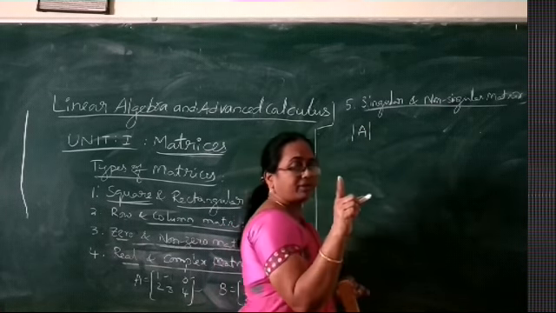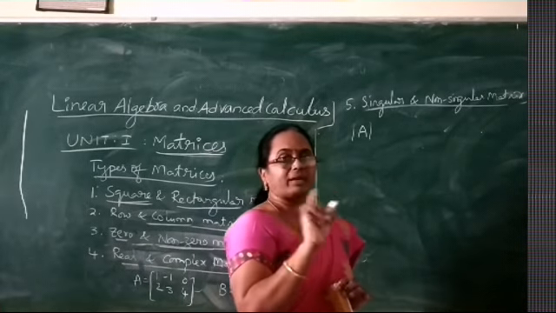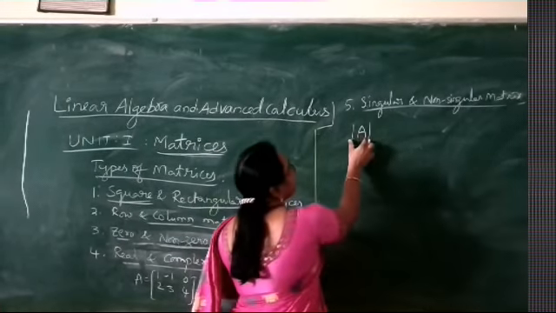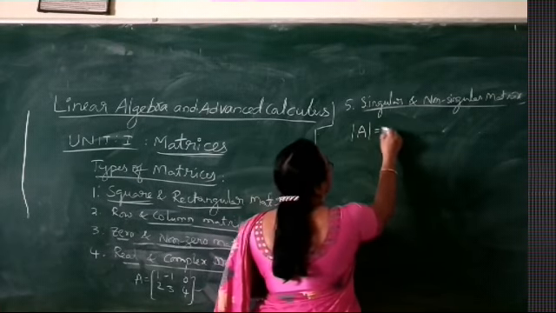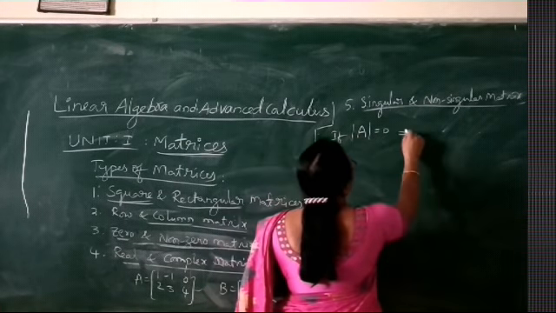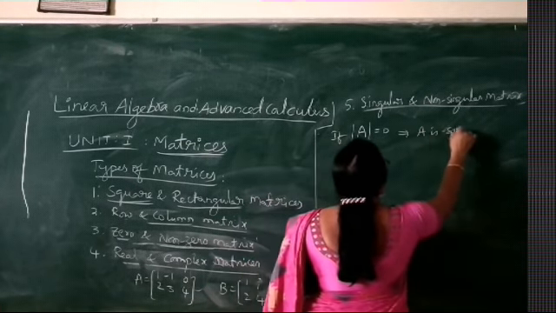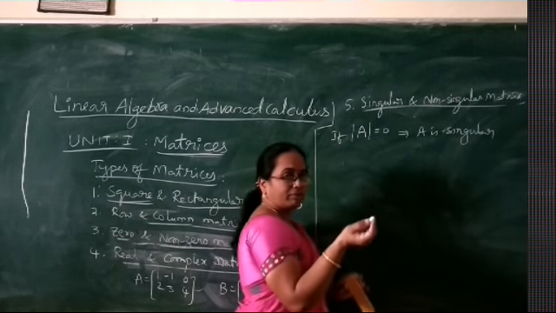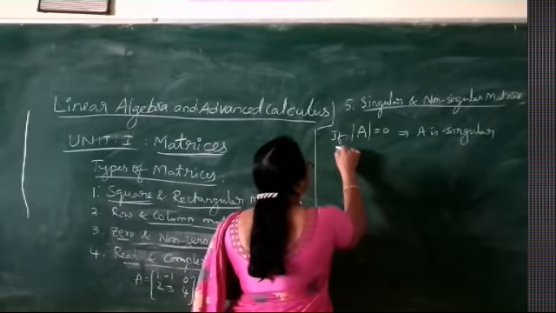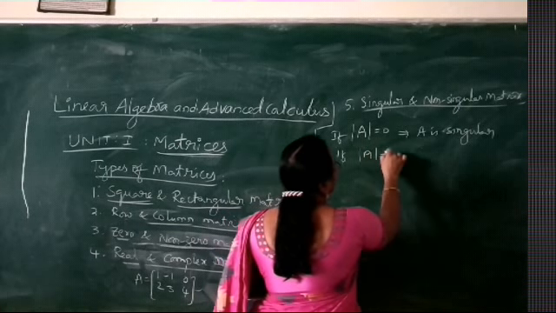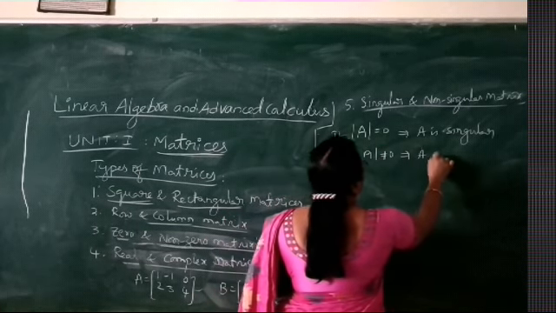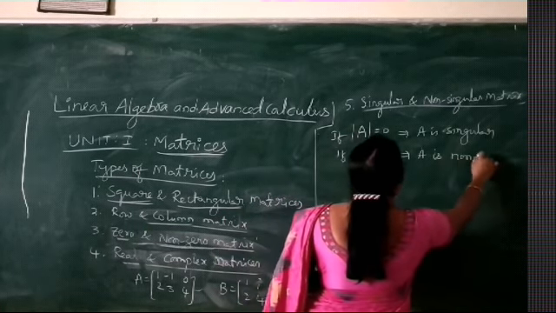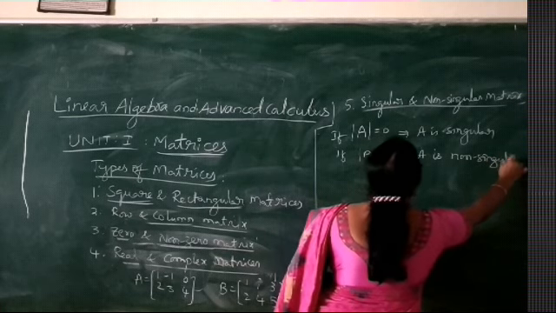You know the calculation, the meaning of determinant of a matrix, right? So if the determinant of the square matrix is 0, then we say that the matrix is singular. Otherwise, if the determinant of the square matrix is non-zero, then we say that the matrix is non-singular.